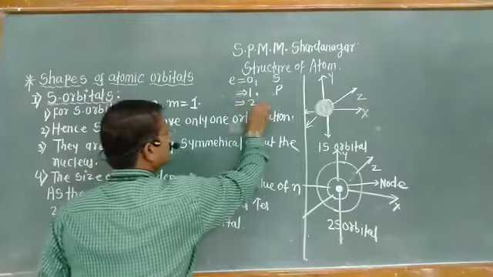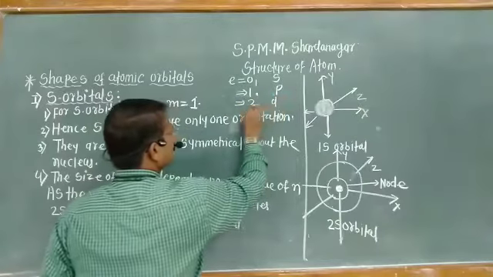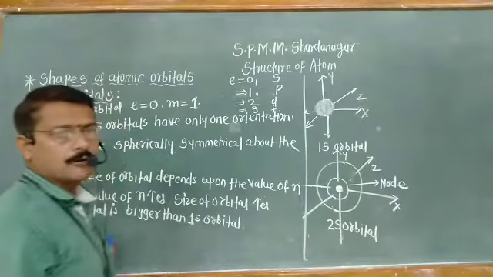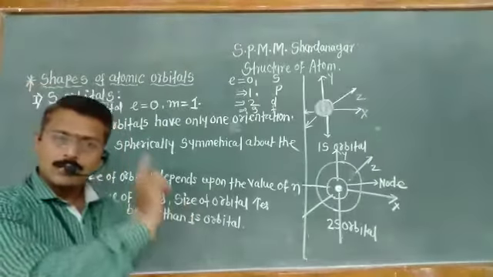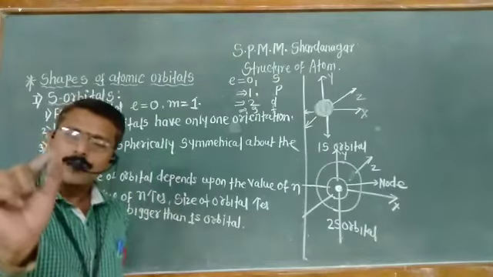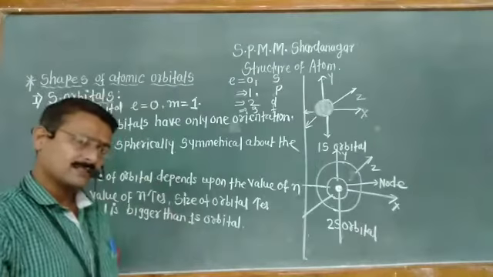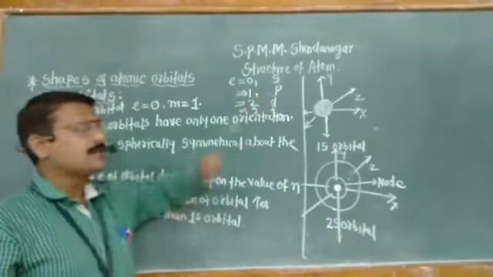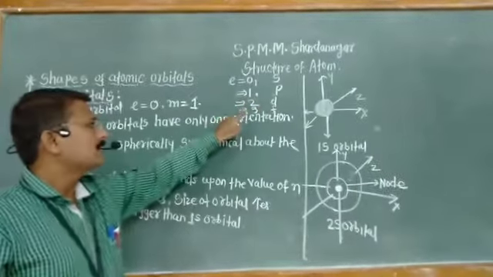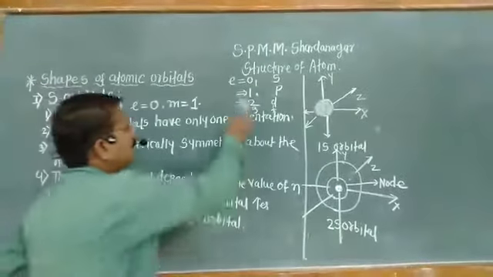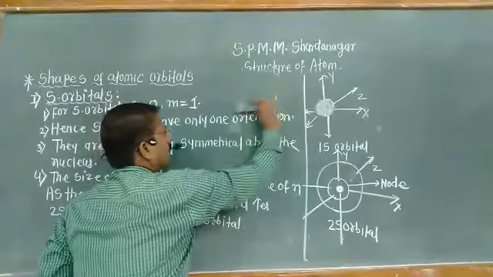L equal to 2, it is a d. And L equal to 3, it is an f. So these are the values for the orbitals.